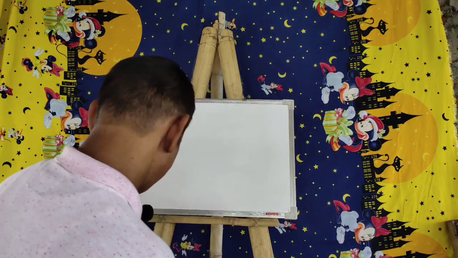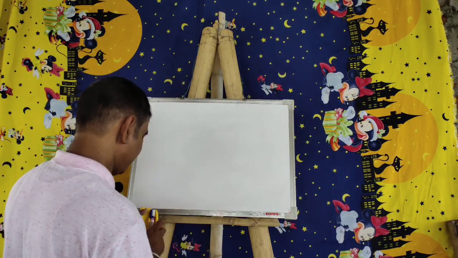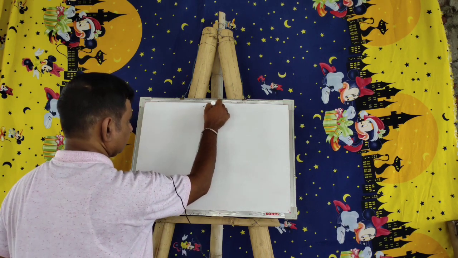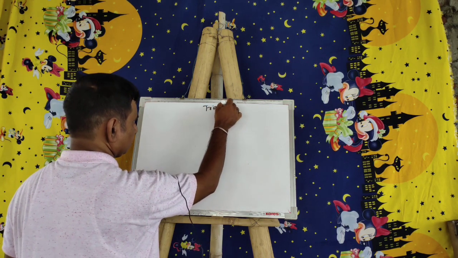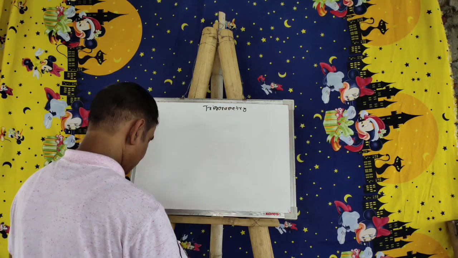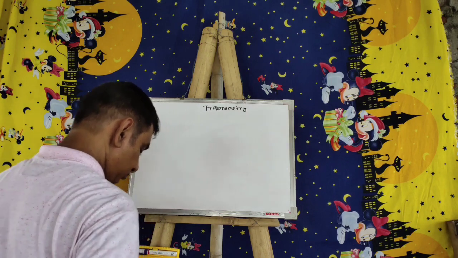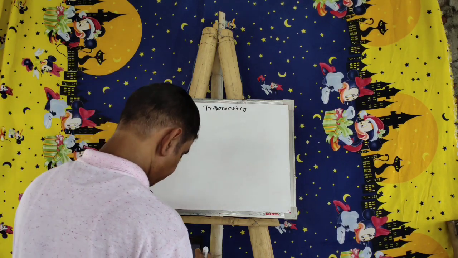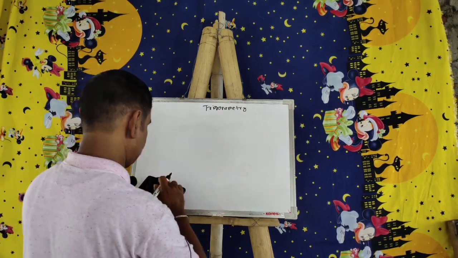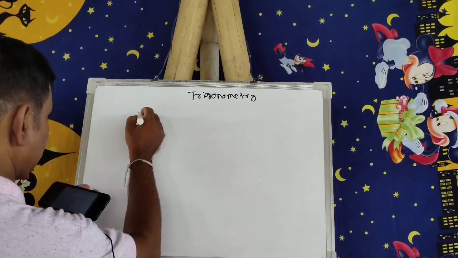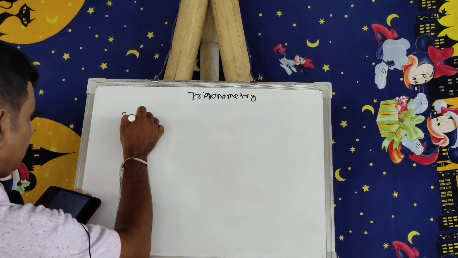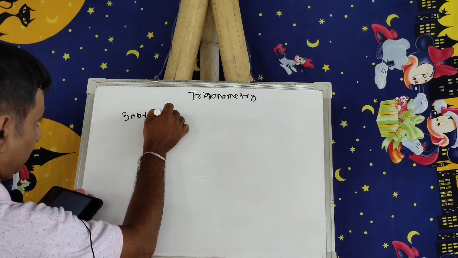See, this chapter is on trigonometry. So let us take an example. The question is: 3 cot A equal to 4.